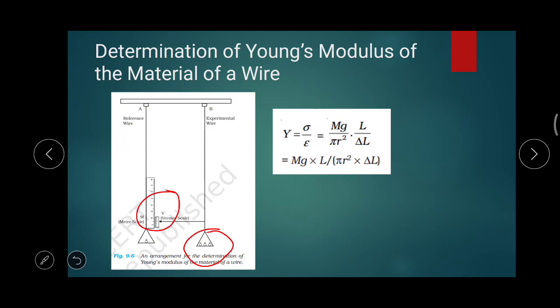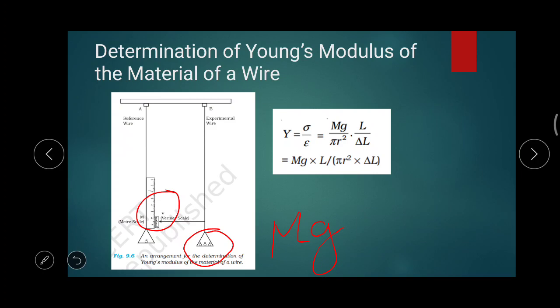As you increase the mass, the wire will get elongated, or stretching of the wire happens. The mass times the gravitational acceleration, that is mg, is the force acting upon wire B, that is the tension.